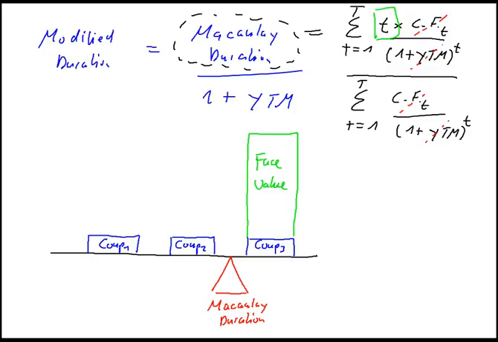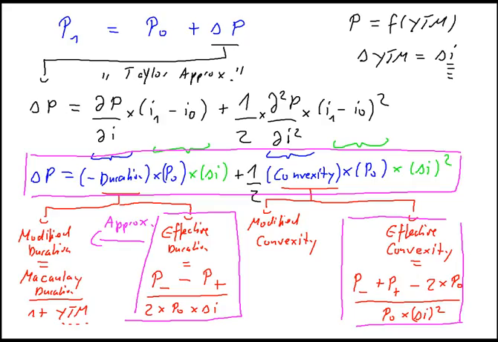The Macaulay duration helps us now to understand the price volatility of a bond. That means the longer the Macaulay duration, the higher is the modified duration, and a higher modified duration means that if interest rates change, the price change would become higher.